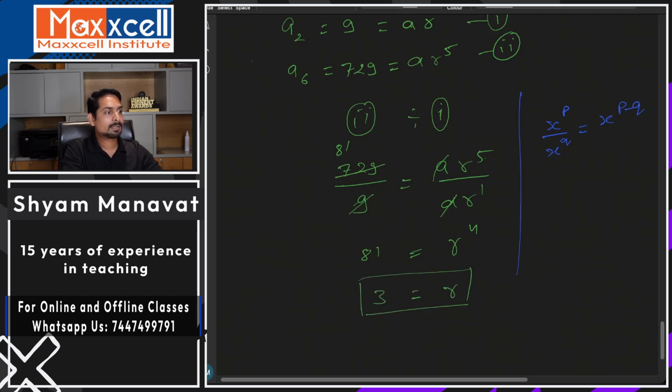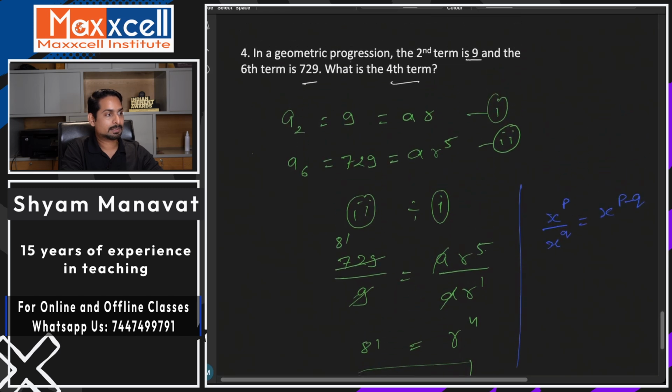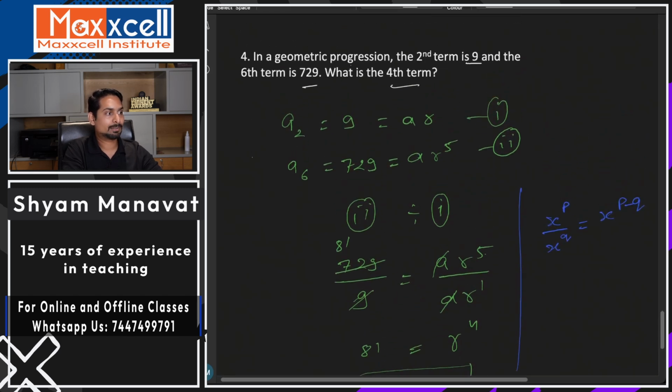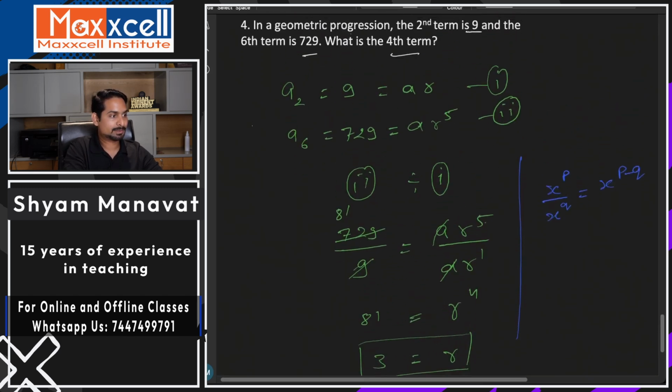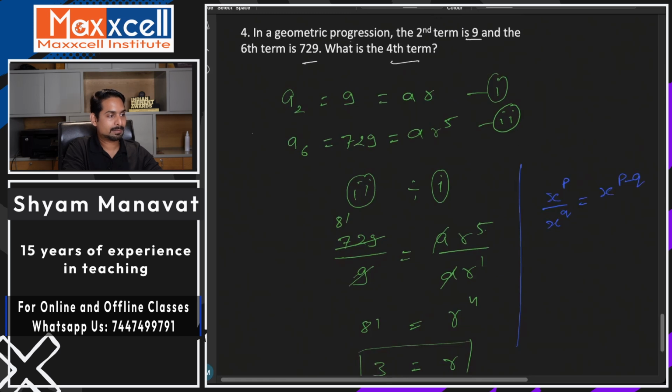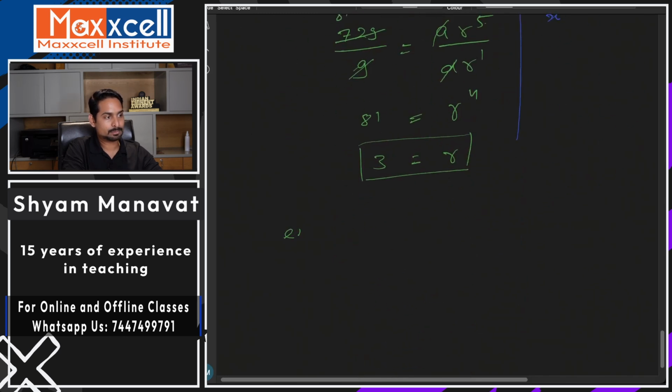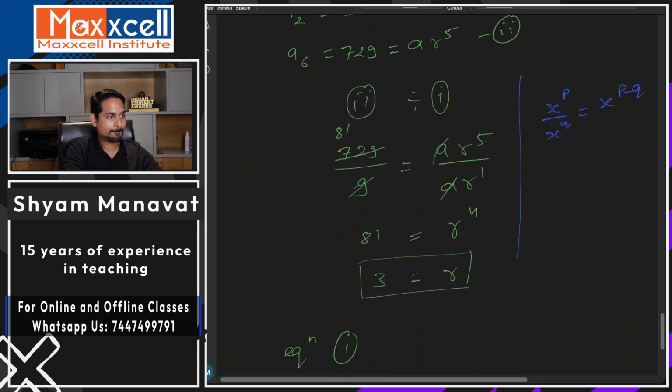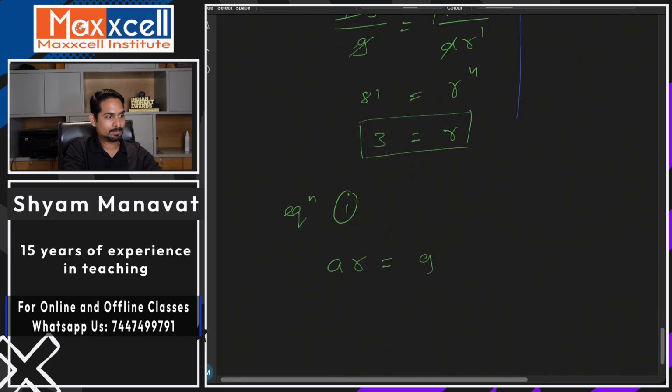Now the question said find the fourth term. For that I need a also. So I will use equation number 1, that is ar equal to 9, and if r equal to 3, so a will be equal to 3 again, the first term.